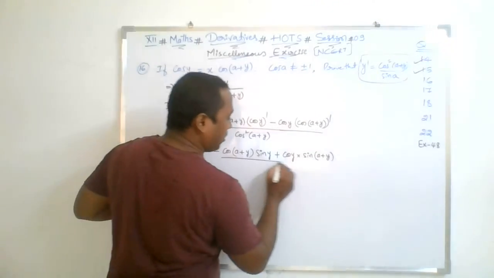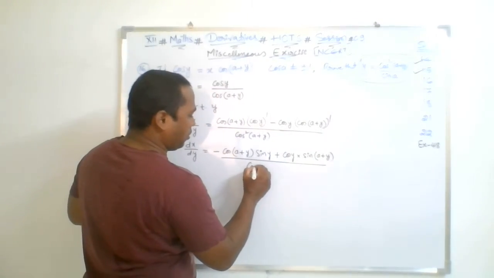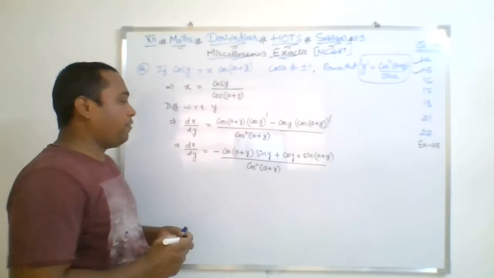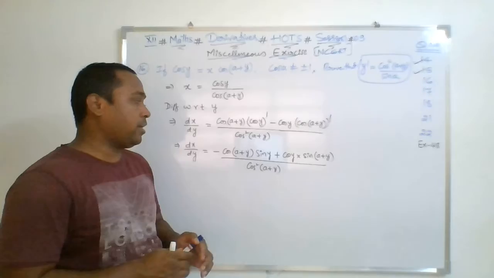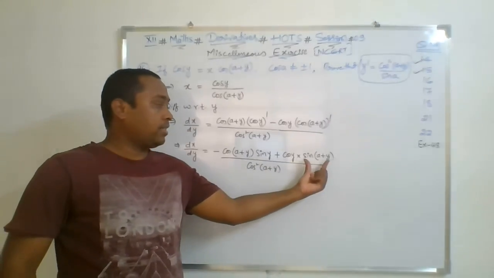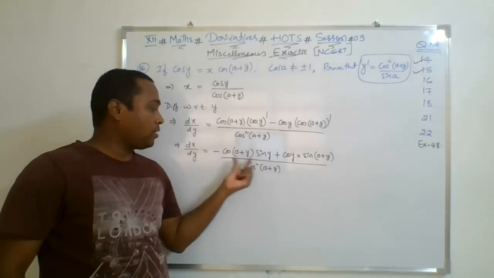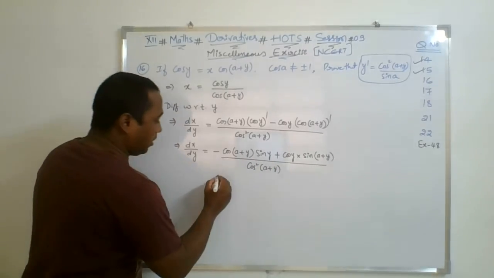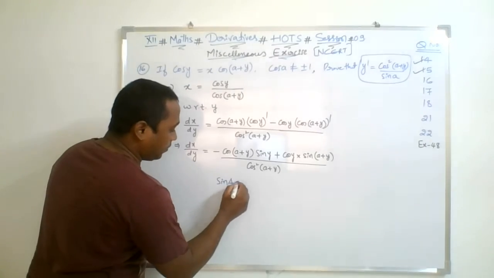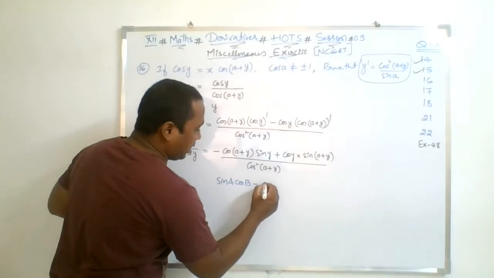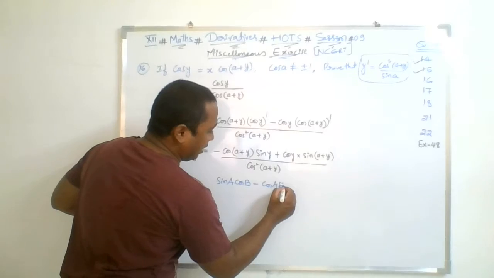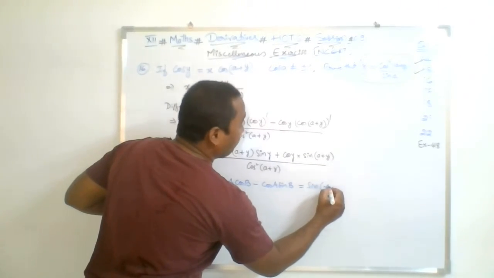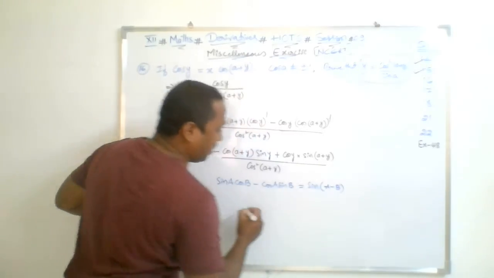I am doing that part upon cos square of (a plus y). Now if you look into the numerator part, it is basically the identity sin a cos b minus cos a sin b, which reduces to sin of (a minus b).